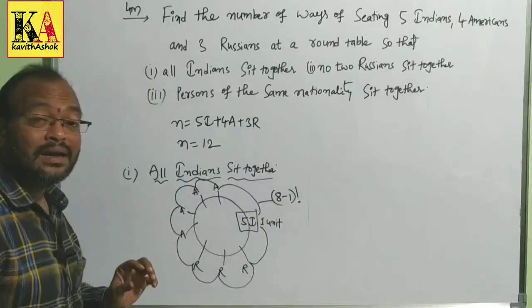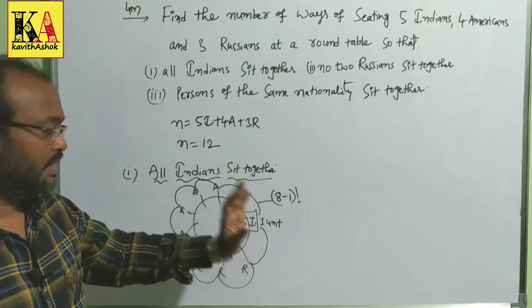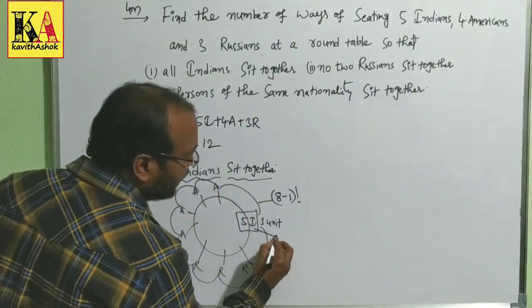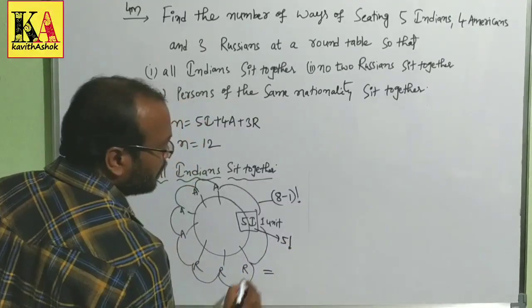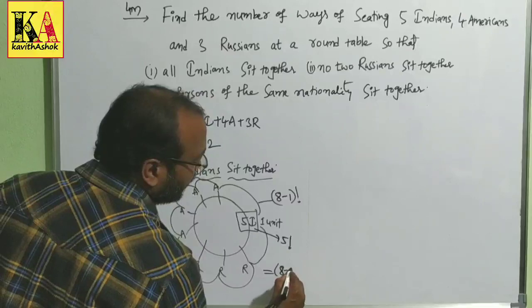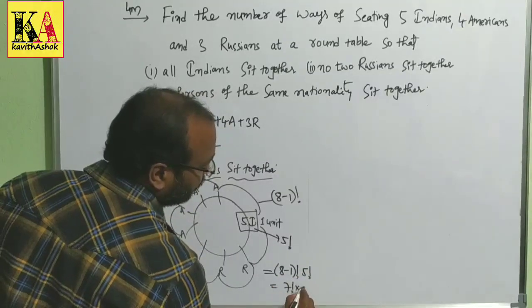Why? Because circular permutations we can arrange in 8 minus 1 factorial ways. Now again 5 Indians can be arranged in 5 factorial ways. So that's why the number of circular permutations will be 8 minus 1 factorial into 5 factorial. So this is equal to 7 factorial into 5 factorial.